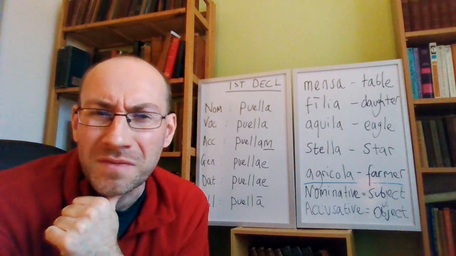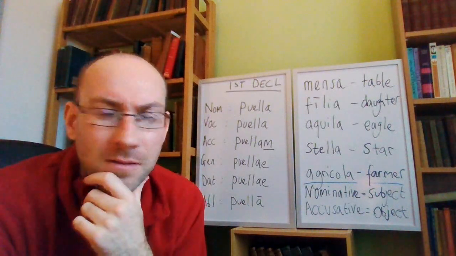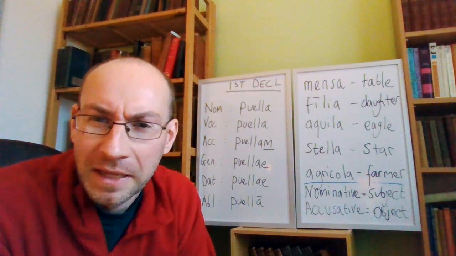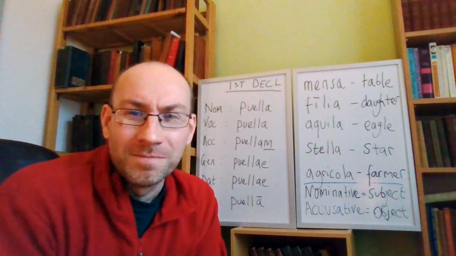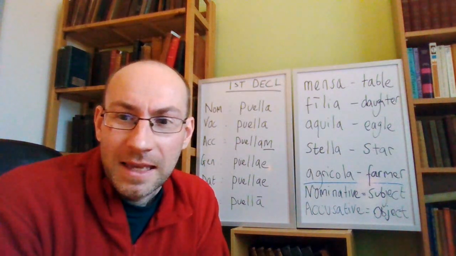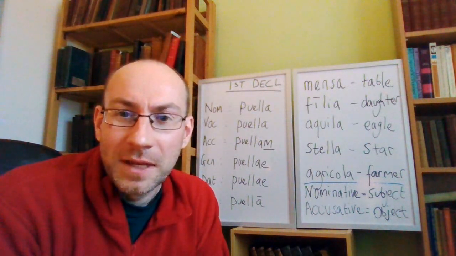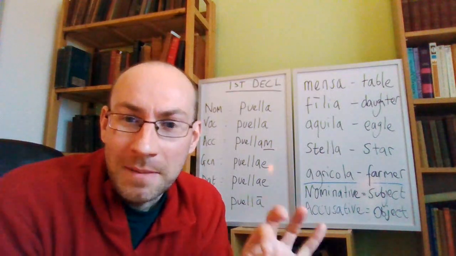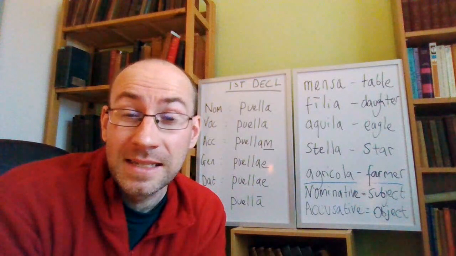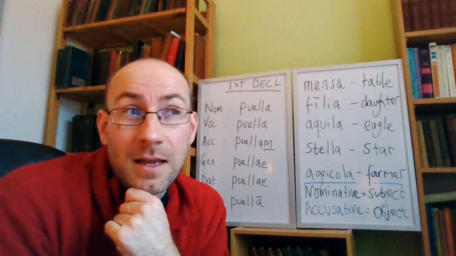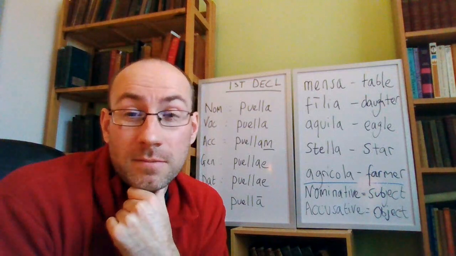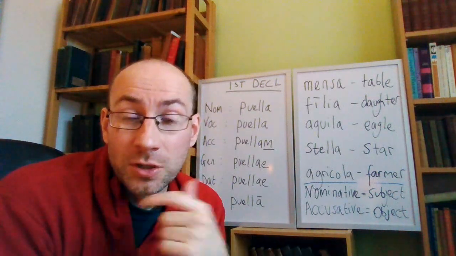What's the purpose of these cases with these funny names? Nominative, accusative. Sounds complicated, right? Well, it's not really that complicated. The idea is the case system pinpoints the precise function that a word has in a sentence. The boy is walking. He's doing the action.